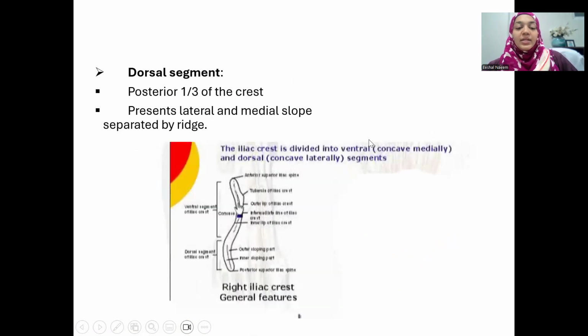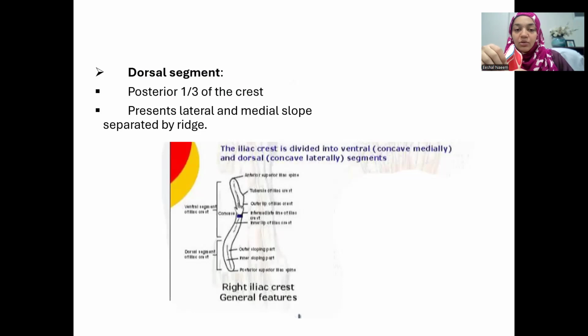Okay, now let's look at the iliac crest a little bit in detail. You know that this is the posterior one-third of the crest, and this is the anterior two-thirds of the crest. It starts from the anterior superior iliac spine all the way to the posterior superior iliac spine. Okay, so the tubercle of the iliac crest is closer to the anterior superior iliac spine than the posterior superior iliac spine.